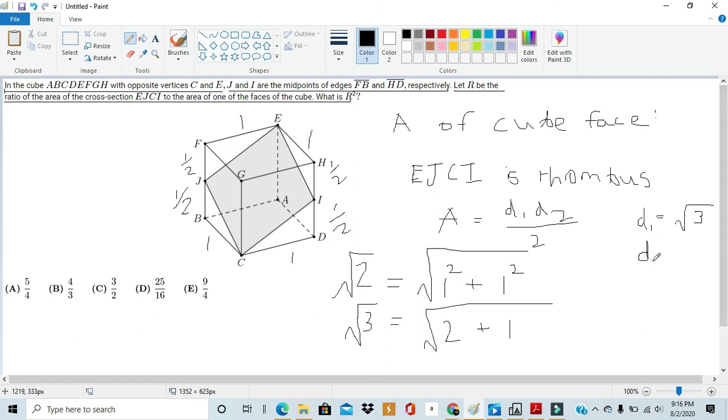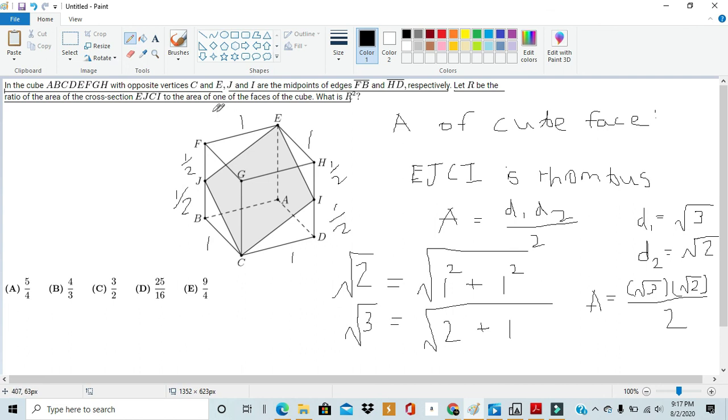Thus, the length of D2 is root 2. So then, substituting this into the equation, we get that A is equal to root 3 times root 2 over 2. So this gives us the area of cross-section EJCI.